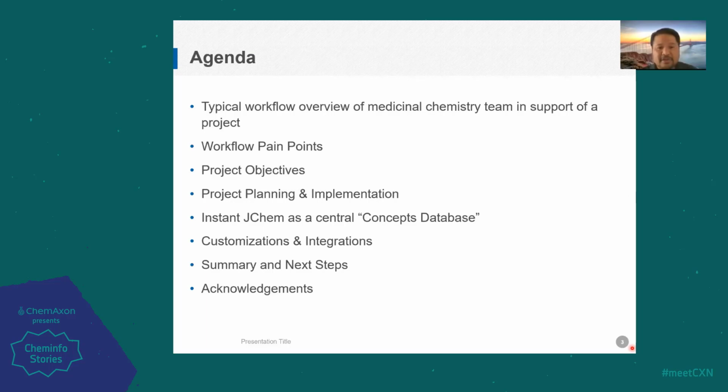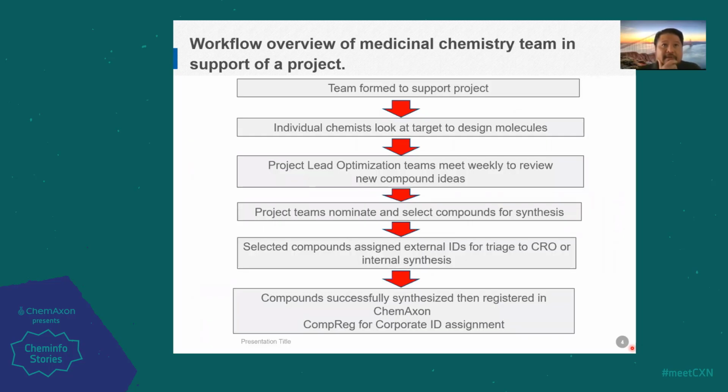Also, we have to customize this application as well as integrate it with our internal informatics framework. And towards the end here, we'll bring it home together and tell you what we have planned next. I'll go to the next slide and talk to you about the workflow.